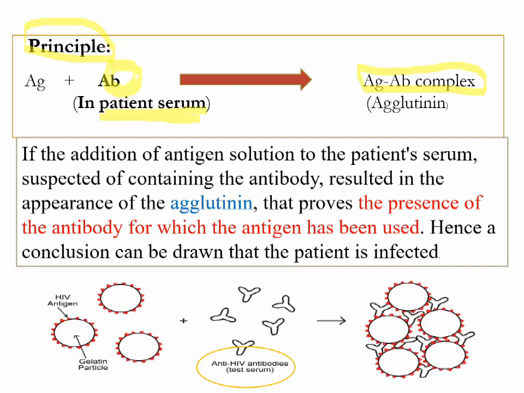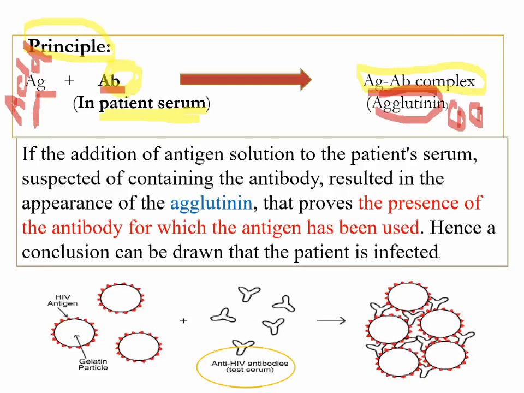So in order to test for the presence or absence of the antibodies, you have to add antigens. You add the antigens, which you prepare in the lab. And if the antibodies are present in the patient's serum, the antigen will react with the antibody, forming an antigen-antibody complex, and you can see it with your naked eye.